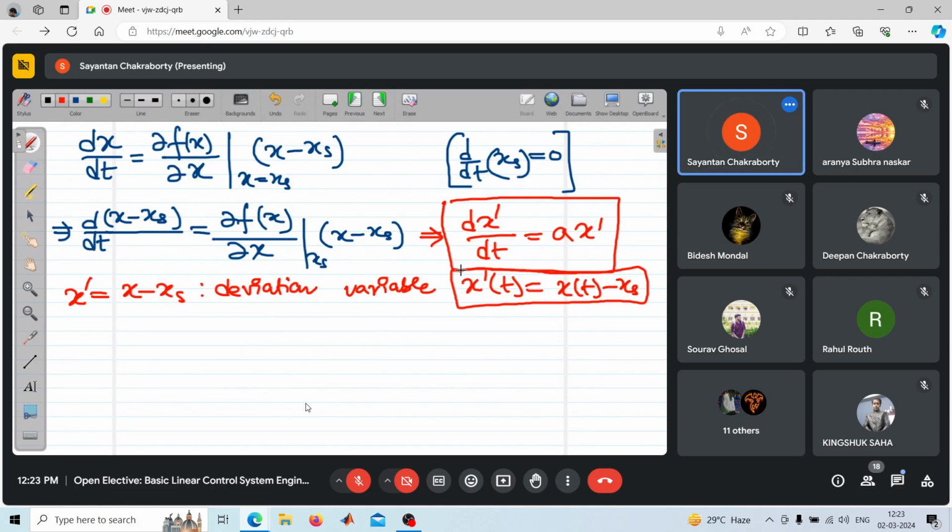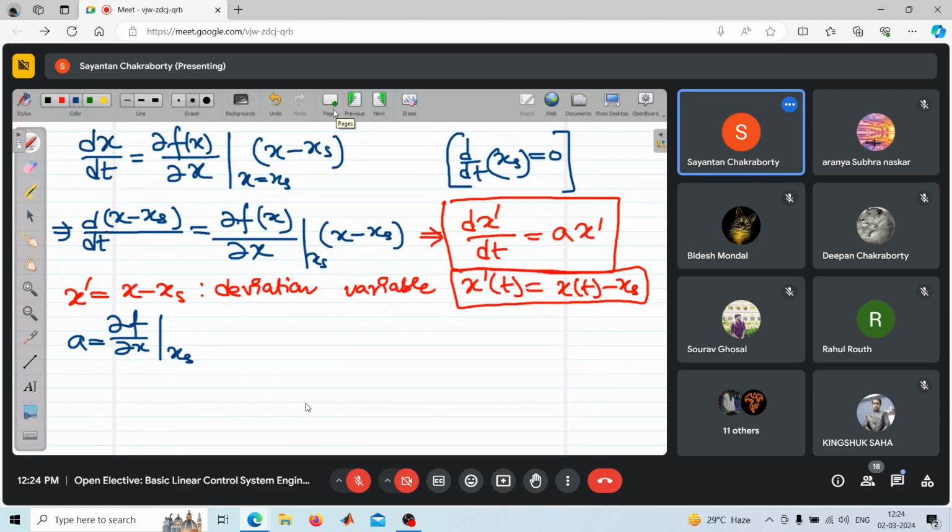And this gain a can be calculated as del f del x at xs. So this is how we can obtain a linearized model of a nonlinear equation, and this is the linearized model in terms of the deviation variable. I'll give you an example. Let me finish all these things.